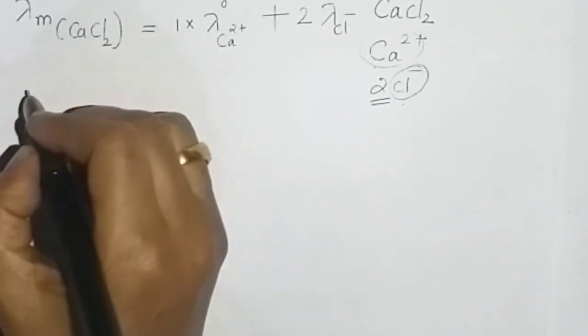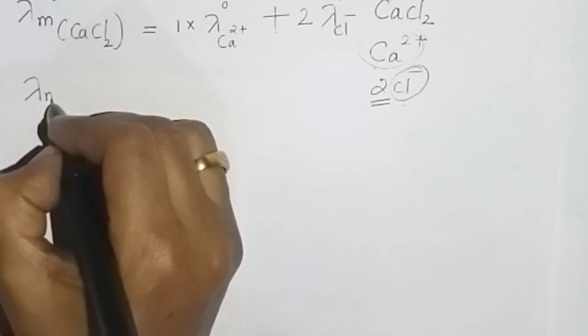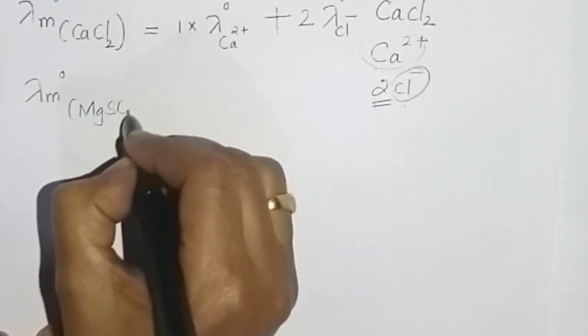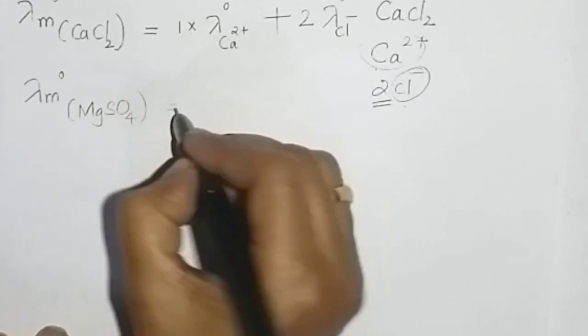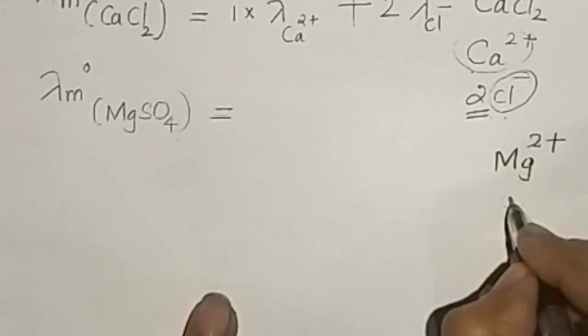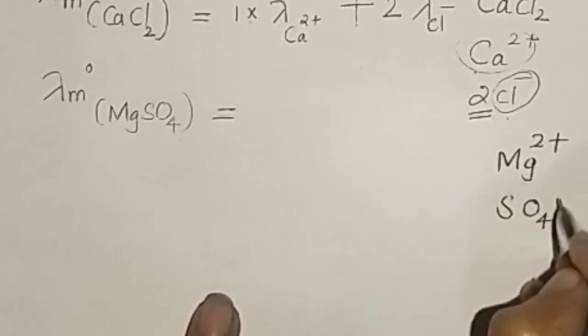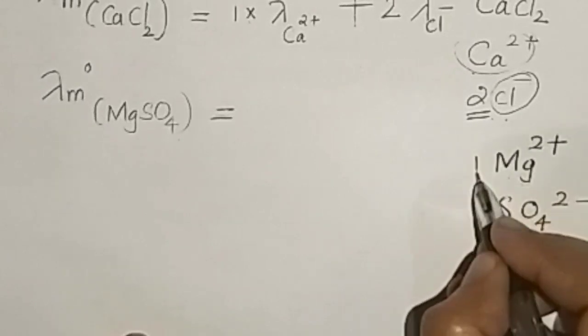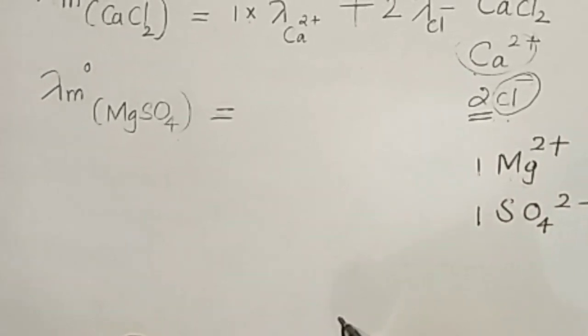Another example, magnesium sulfate, lambda m0 of magnesium sulfate. We can write magnesium ionizes as Mg2+ and SO4 2-. So the number of cations is 1, and the number of anions is also 1.